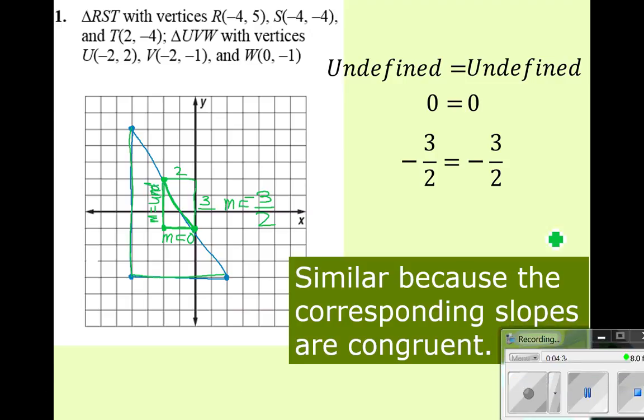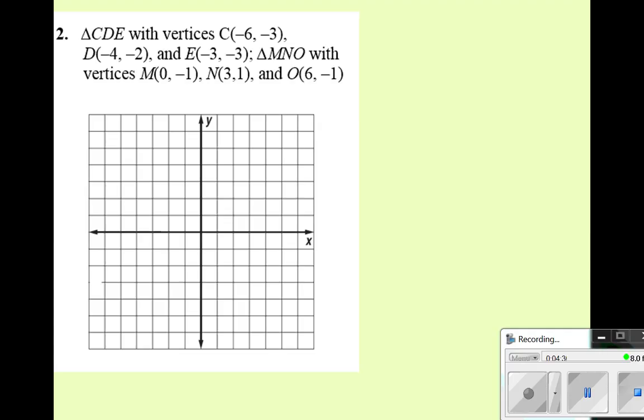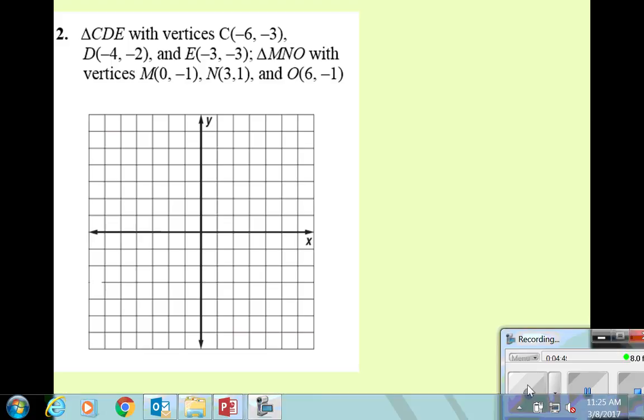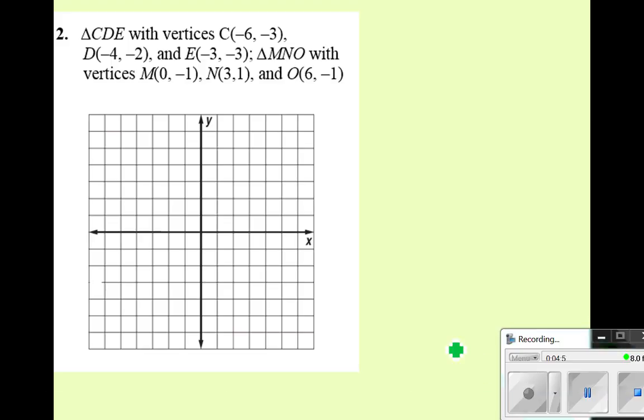Now let's go to the next example. Question 2. I have triangle CDE and triangle MNO. Go ahead and use the first color to plot CDE. After you plot the 2 triangles, you can start to find the slopes for them.